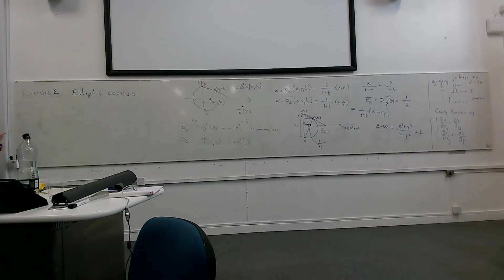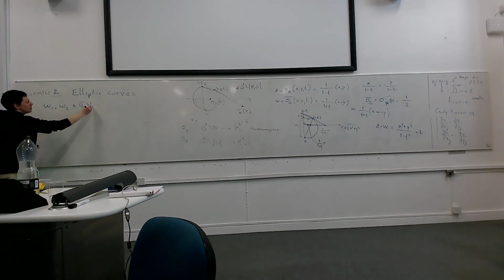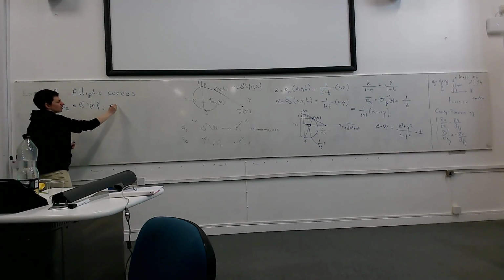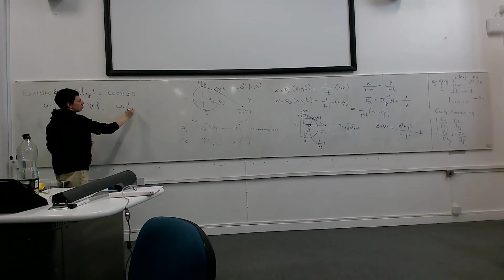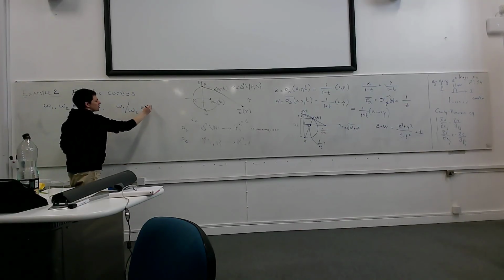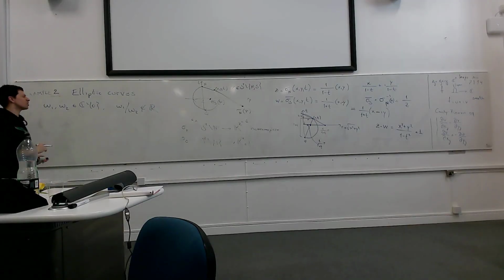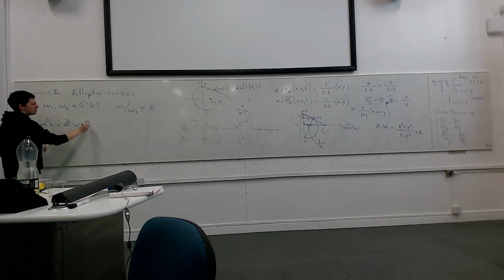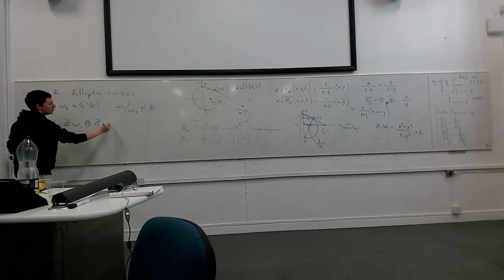Here, just take two numbers, omega 1, omega 2, two non-zero complex numbers, and the ratio is not real. So they are linearly independent over the real numbers. Then out of these two numbers, you can form what's called a lattice. This is Z times one of the omegas, direct sum Z times the other omega.